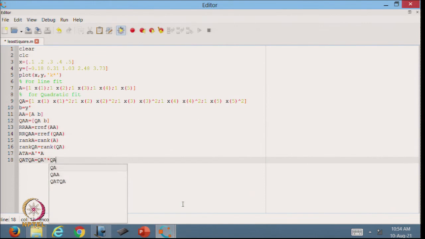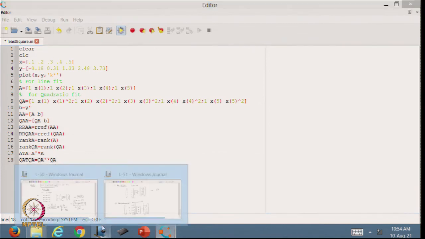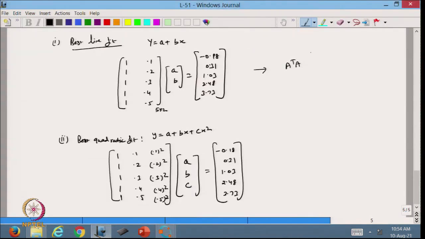Okay, so we are able to find the A transpose A matrix here. Now, after doing this one, X is equal to A transpose B, and from here I will get A transpose A inverse, then A transpose B. So, I will get this answer. So, this is my X hat.